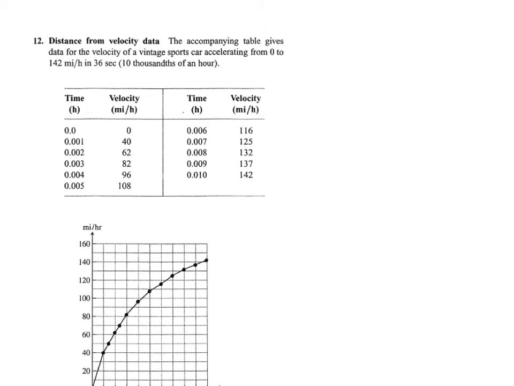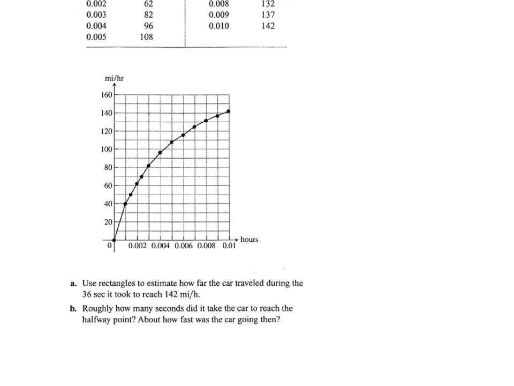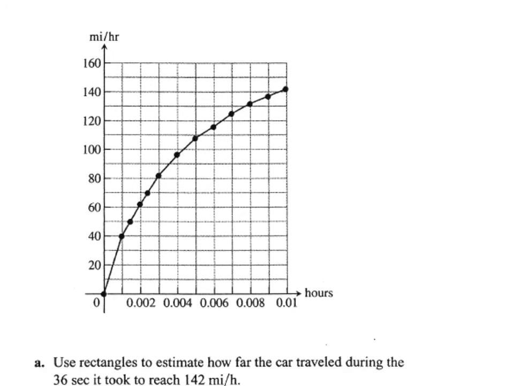We're also given this graph. It wants us to calculate how far the car traveled during the 36 seconds it took to reach 142 miles an hour. So I'm going to remind you of how we do that.